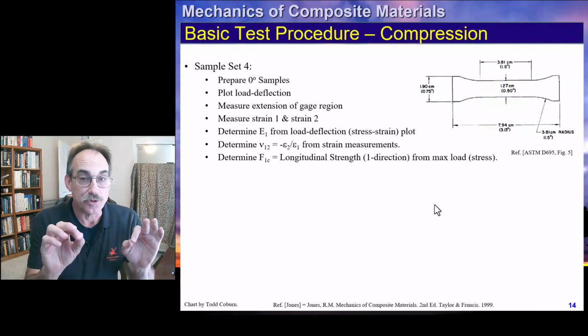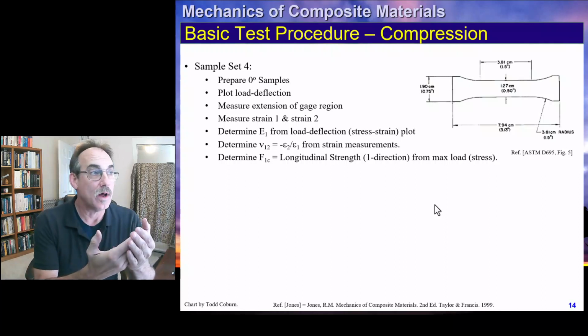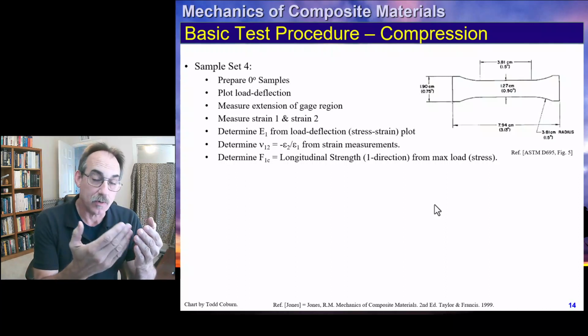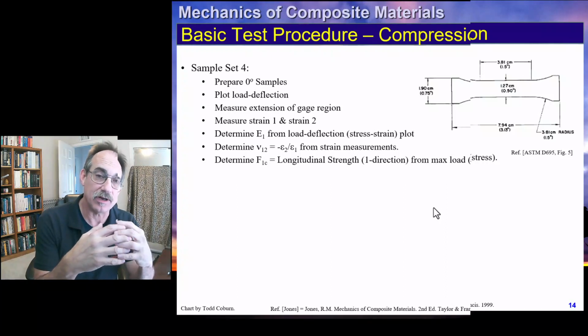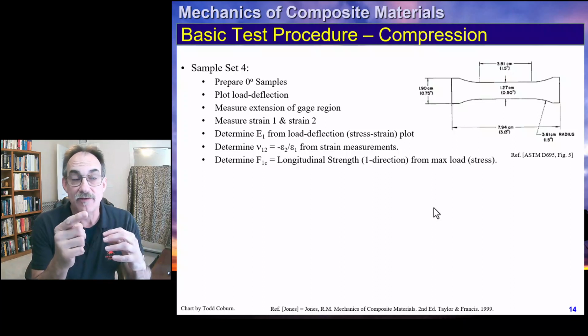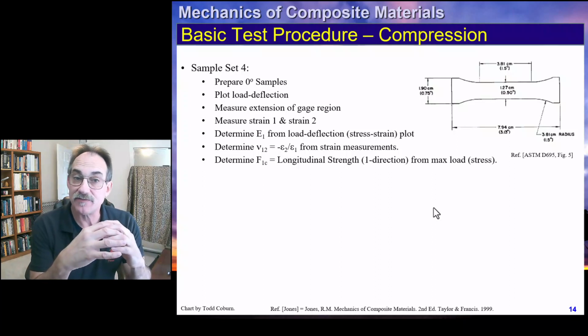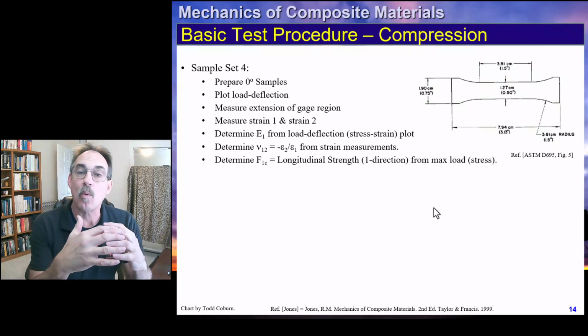So you can load your samples in there, evaluate your E1, your Poisson's ratio, and your compressive strength for the material. Remember, this test is a compressive stress. If it's a representative sample, that means that will capture the compressive strength, whether it happens to be ultimate or one of those stability modes that are within the matrix based on the layup.